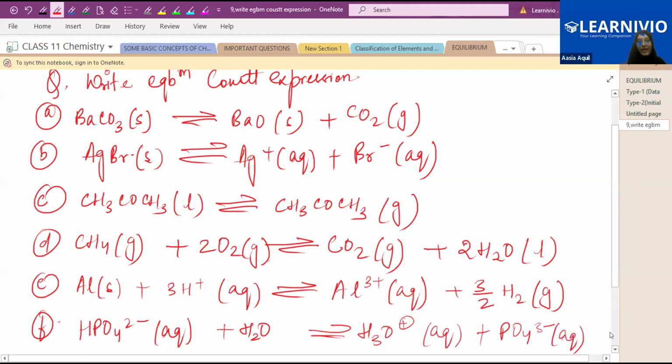These six questions I have given in your homework. So you have to write down the equilibrium constant expression, and I will tell you in which expression you will write the Kc equation, and in which expression you will write down the Kp. So let's discuss one by one. Quickly note down the question first.